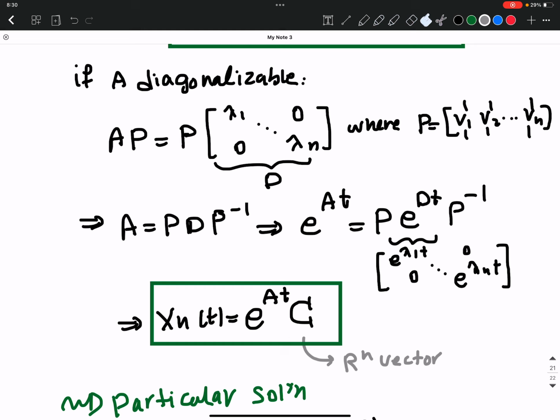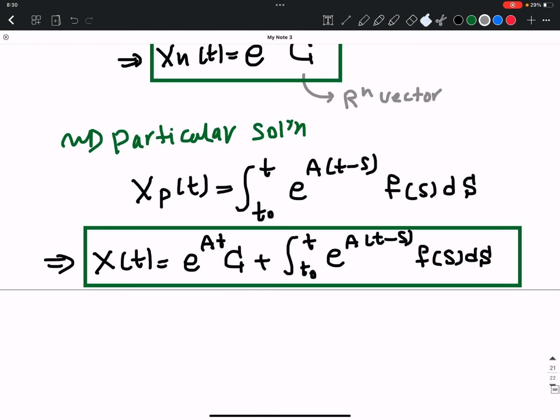So this is basically my e to the At. And after that, you can also calculate the integral to get the particular solution, the non-homogeneous part of your solution.